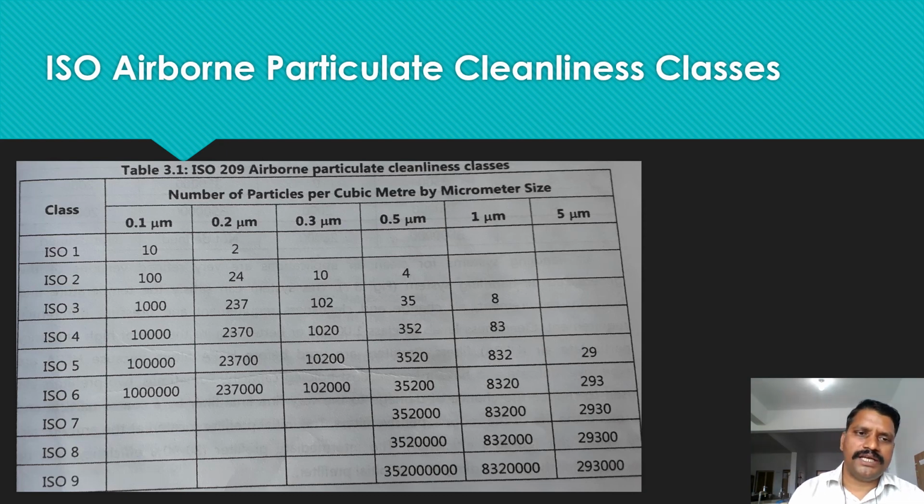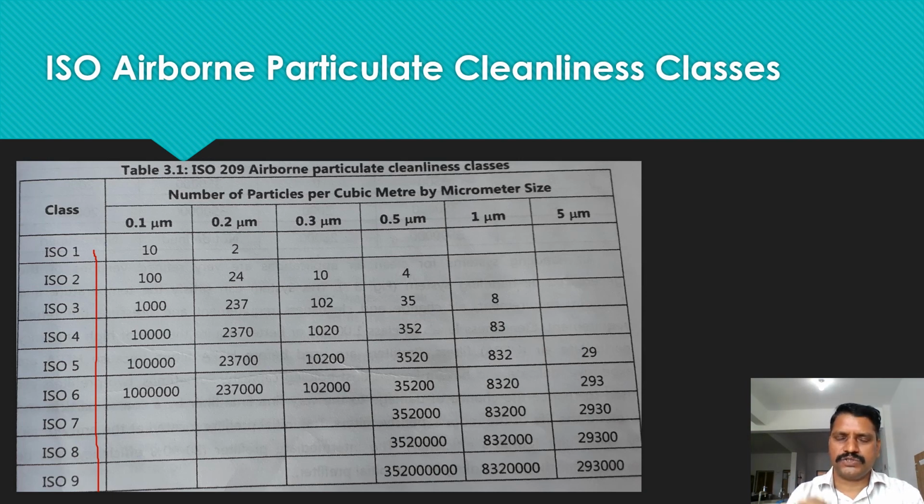So this is about the ISO 209 airborne particulate cleanliness classification. So ISO 1, 2, 3, 4 up to ISO 9 standard, and these are the number of particles per cubic meter by micrometer size. Class 1 standard means what?